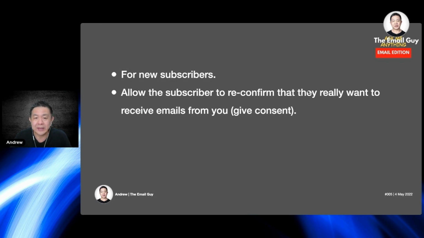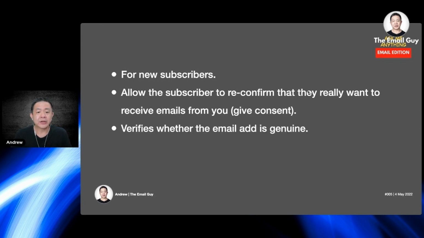Sometimes they forget, even within that 24 hours period, what they subscribed to. So the double opt-in email allows them to actually reconsider whether they want to really receive emails from you. And like I say, you want to send to people who are really interested in what you have to say.